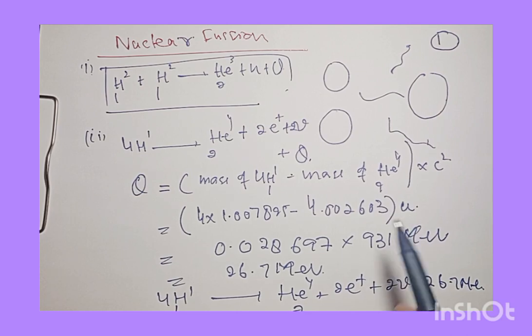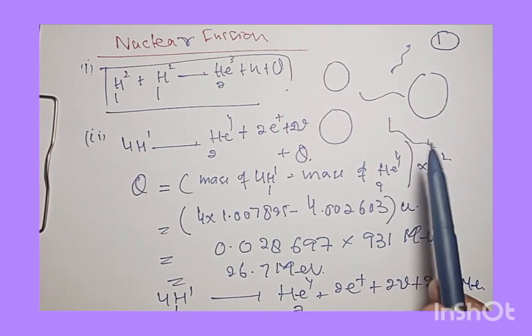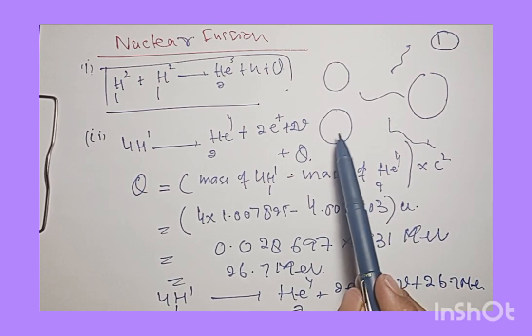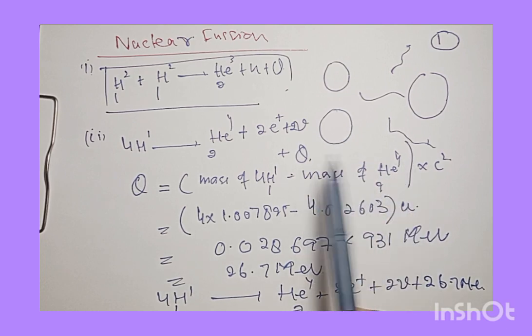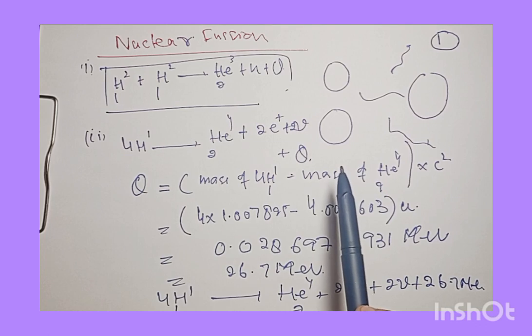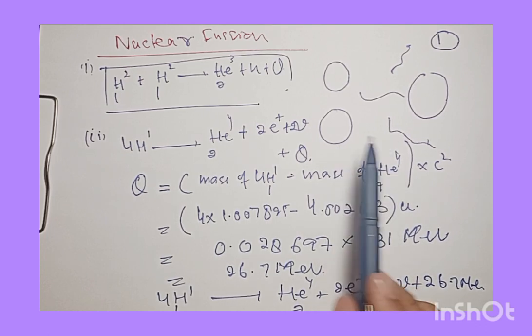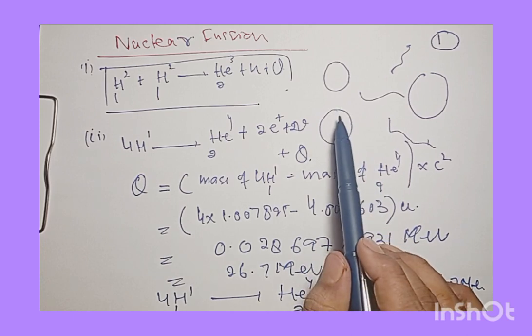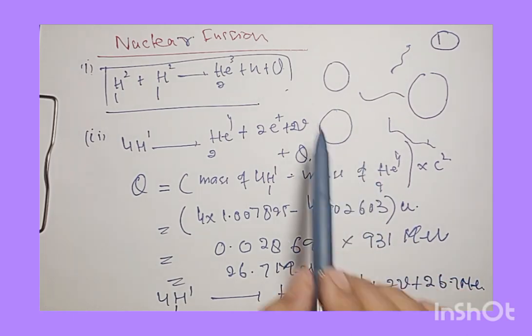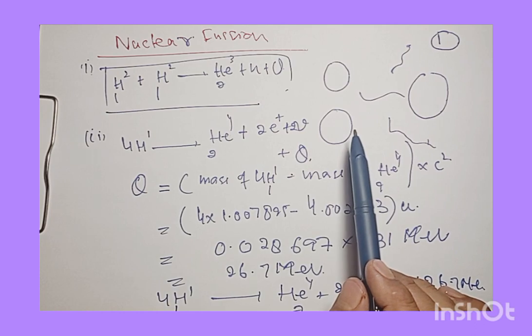Now, the process of nuclear fusion can be explained with the concept of binding energy per nucleon of very light nuclei in the binding energy curve. The binding energy per nucleon of very light nuclei, we understand, is less than that of the intermediate nuclei in the binding energy curve.